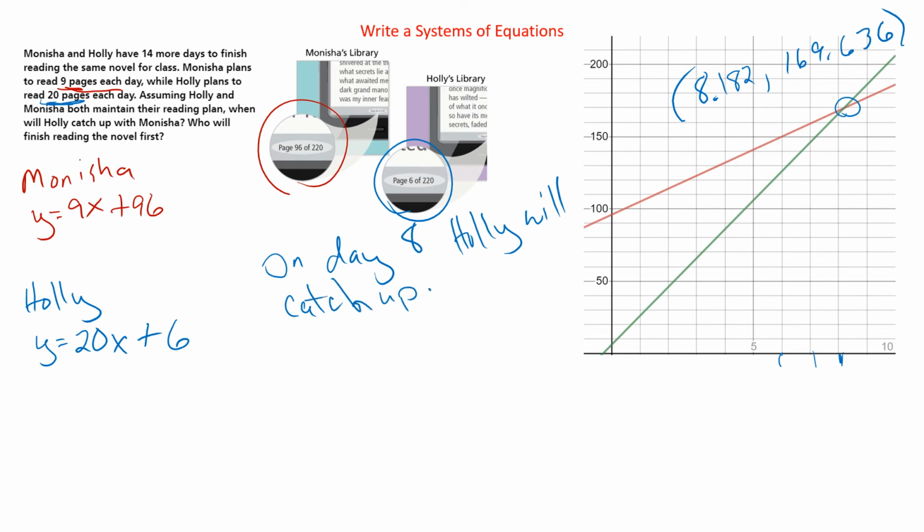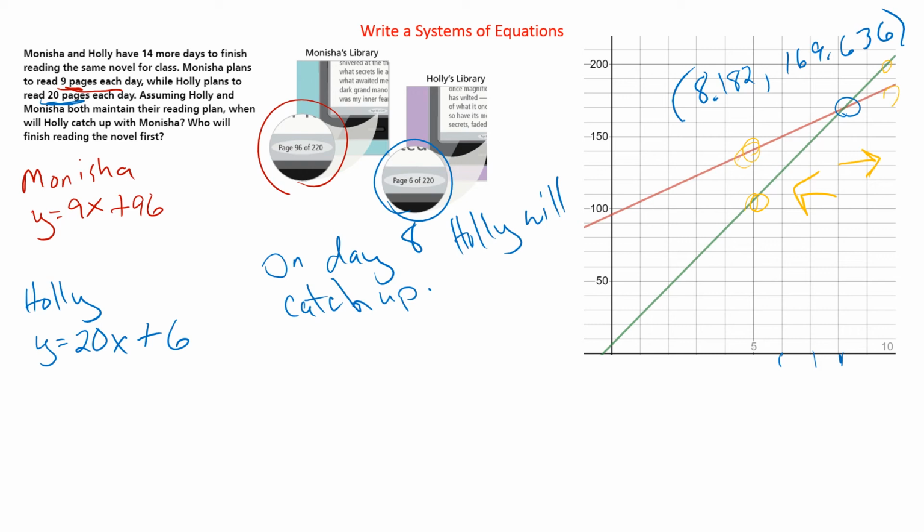And then the second question is, who will finish reading the novel first? Well, we need to know how many pages are in the novel to know who's going to finish first. Why do we need that? Because if we are on this side of 8 days, Monisha has read more pages than Holly. But if we're above 8 days, Holly's read more pages than Monisha.